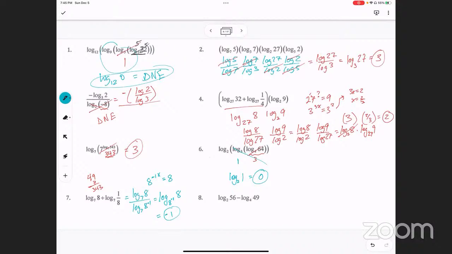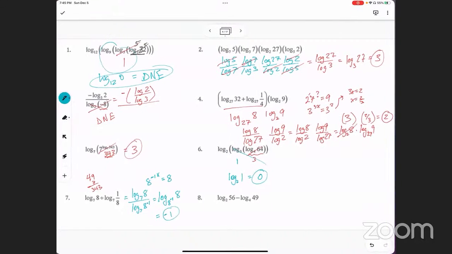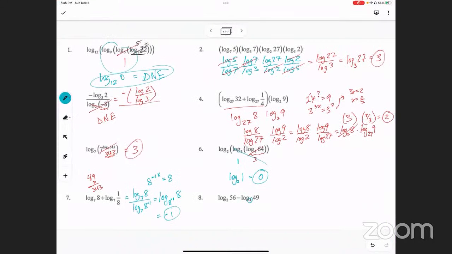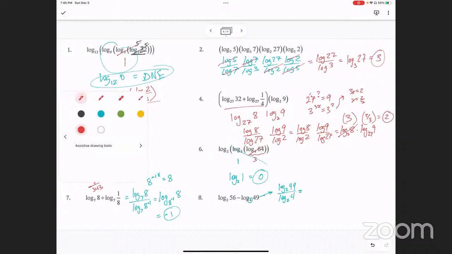So for this one, let's see. I'm noticing this is a power of 2. So let's convert this to base 2. So log base 2 of 49 over log base 2 of 4. And the log base 2 of 4 is just 2, right? You follow? Yeah.